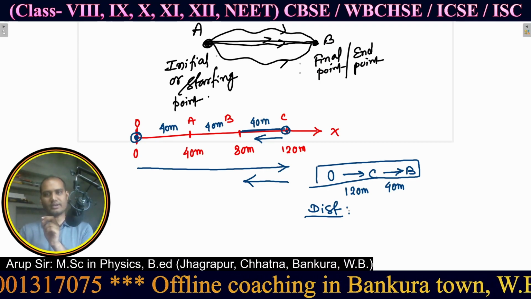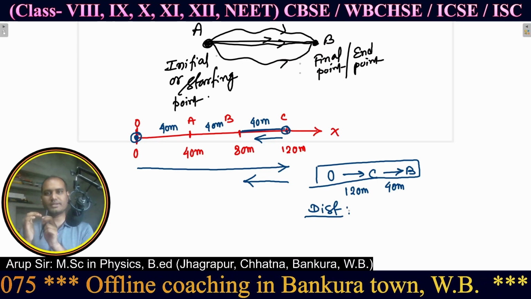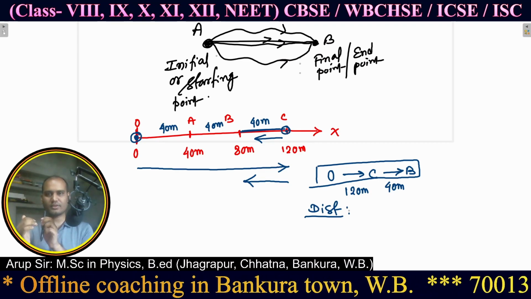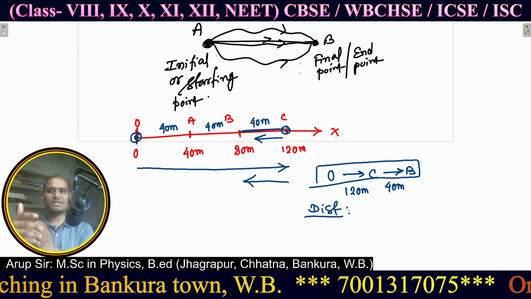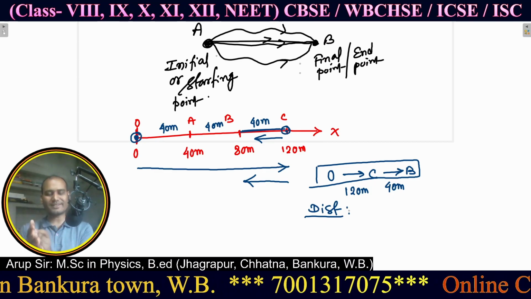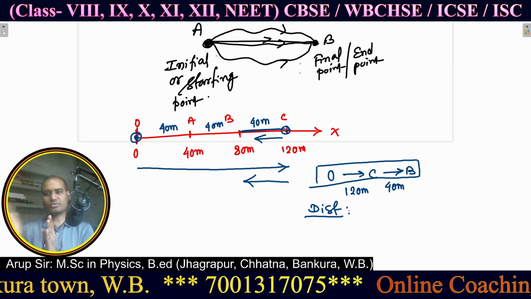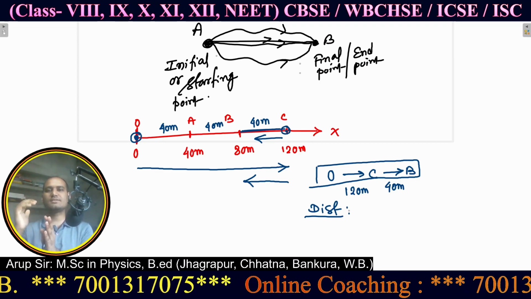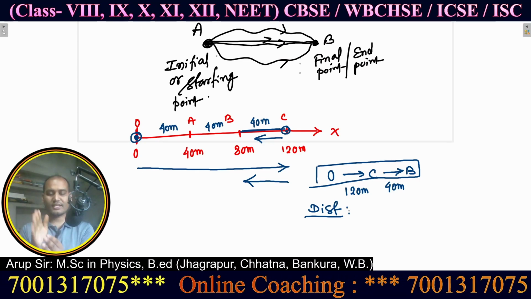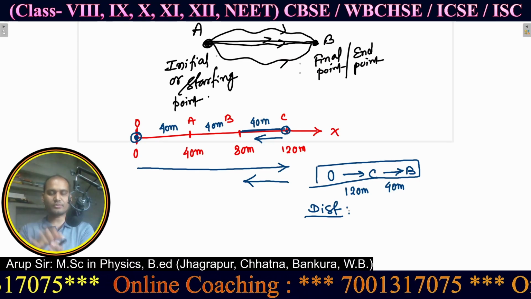When you return from C to B, will the odometer reading increase or decrease? Obviously increase, because further distance is traveled, further path length is traveled. So the O to C reading is increasing, the C to B reading is increasing. So for distance, always think about the odometer, the path length.